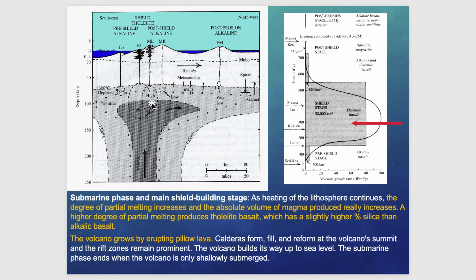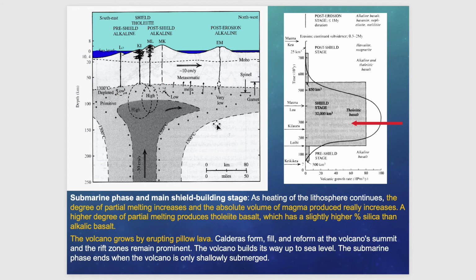Okay, so this is translated into products such as eruptions of pillow lavas, and quite often you have a condition in which these magmas are more fluid compared to the alkaline basalts that are emitted in the pre-shield stage.